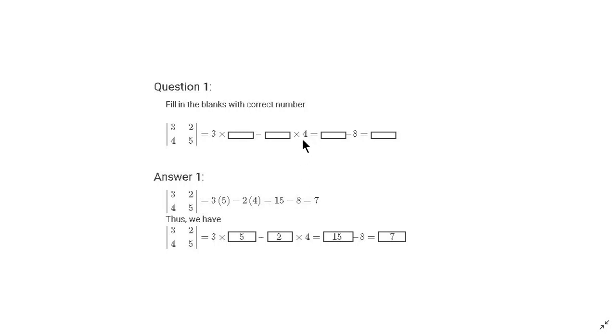The 4 is given here, which means there should be remaining 2. Calculating, 3 into 5 is 15, minus 2 into 4 is 8, and the subtraction is 7, which means the determinant has the value 7.